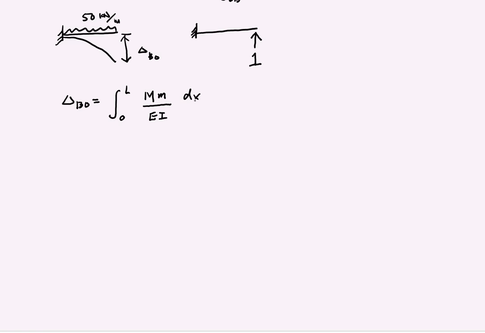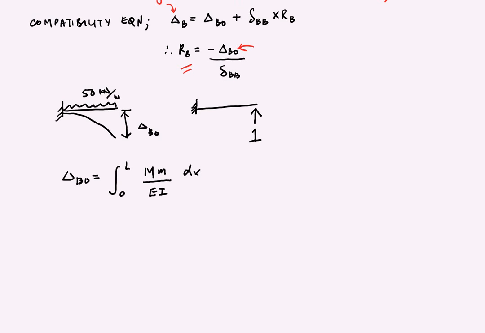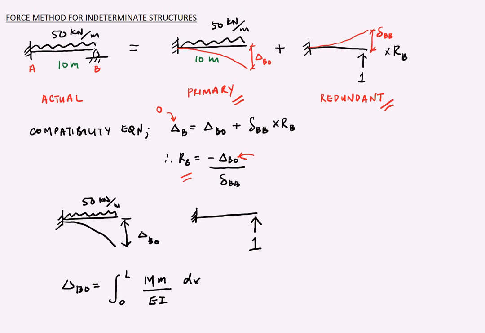And if you actually look at this system, you will notice that the virtual work system for our primary structure is actually our redundant system. So these two systems are the same. So it makes our life a lot easier now, because we need to just resolve for our redundant system to get our displacement for primary structure.